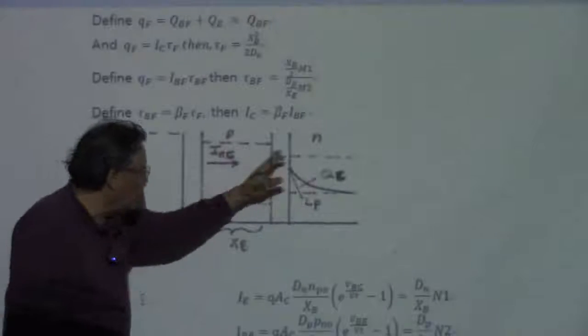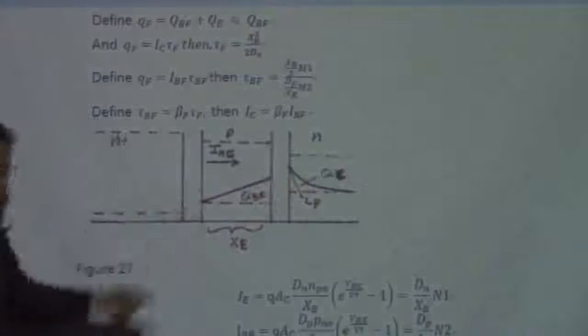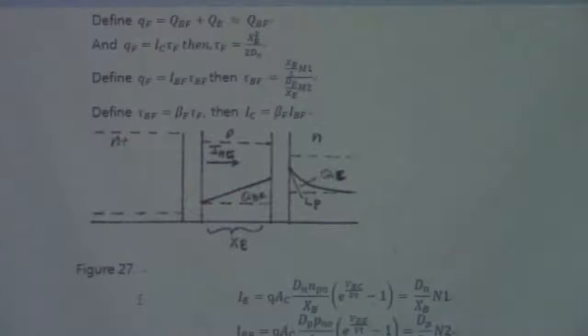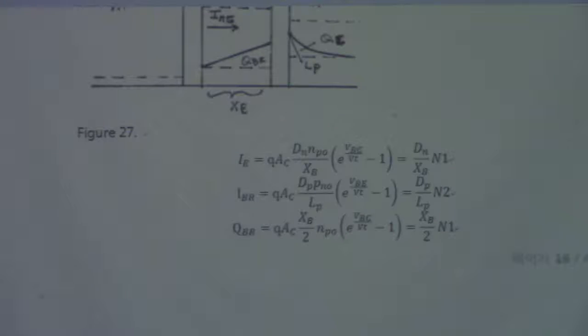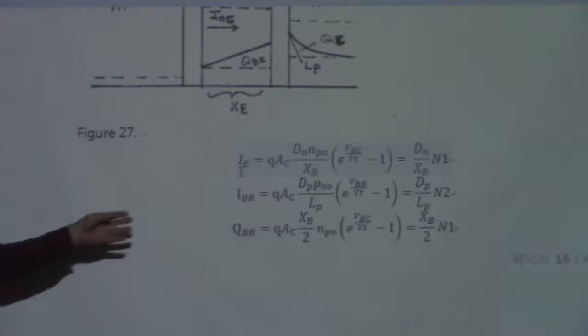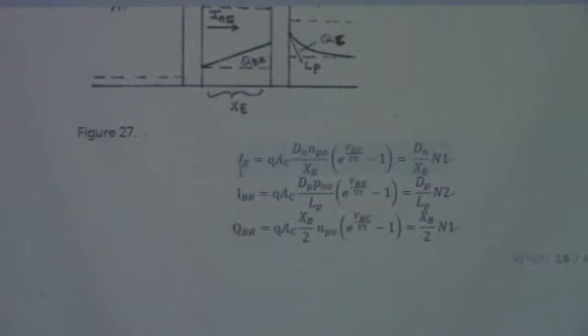Okay, with these charges, the injected minority carrier charges are going to be expressed like that, and then just like the forward bias case, we have the emitter current and the reverse base current, and the charges corresponding to all of those.